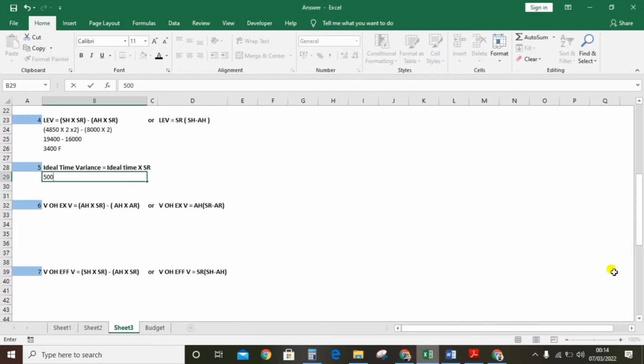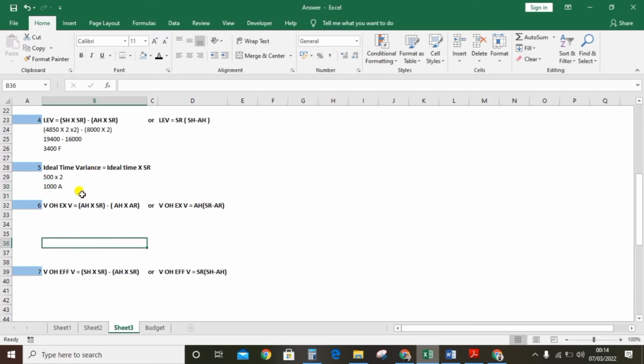So 500 into 2 rupees standard rate. So 1000 is adverse. Any time, idle time should be adverse. It's not favorable. Okay, this is adverse.